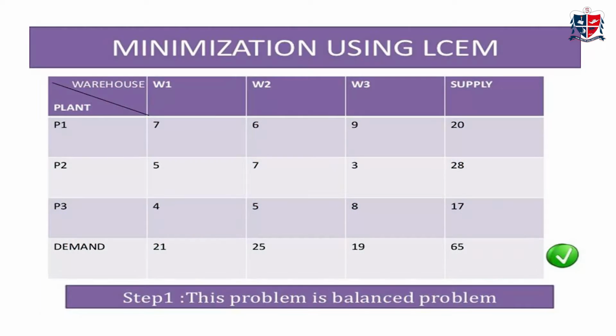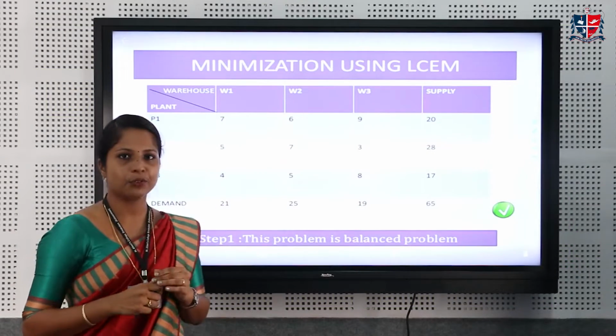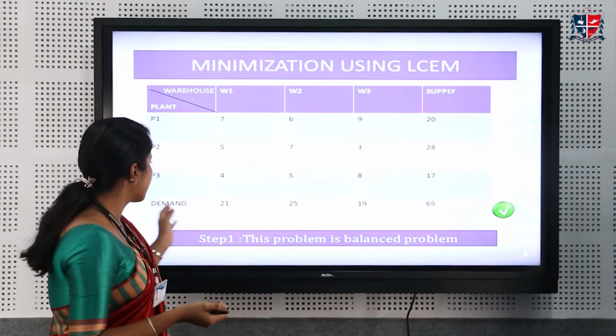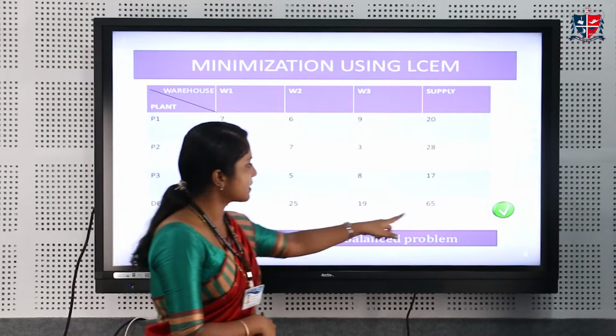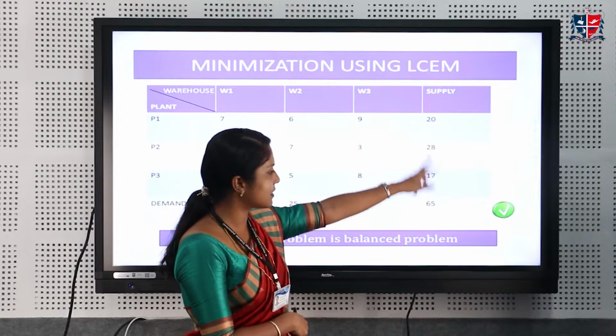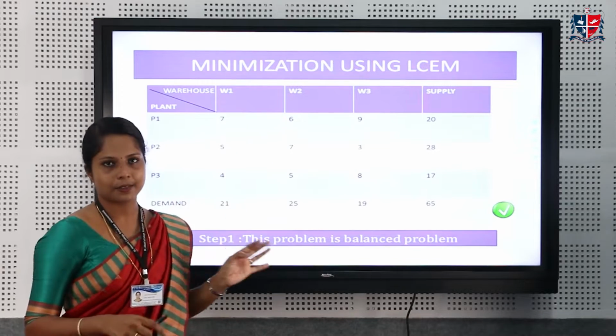So here is a problem. This is the same problem we discussed in the Northwest Corner method. First we have to check whether it is balanced or not. The total of supply is 65 and demand is also 65, so this is a balanced problem.